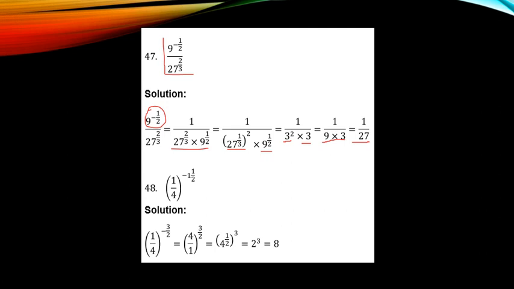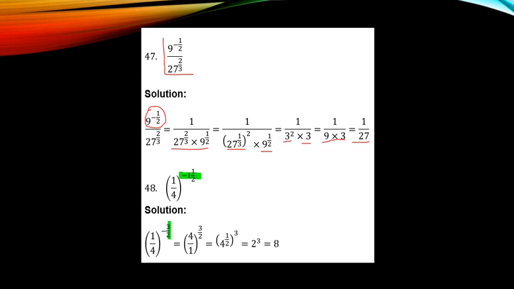Example 48. You have bracket open, 1 over 4, bracket close, to the power of minus 1 whole number, 1 over 2. The power is a negative mixed fraction. So let's change the power first to an improper fraction. You have negative 3 over 2.